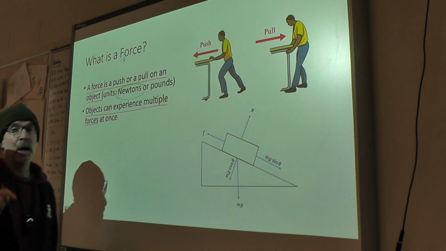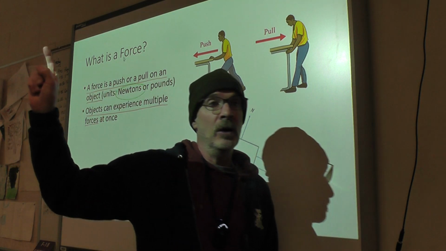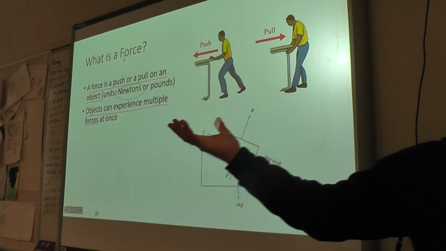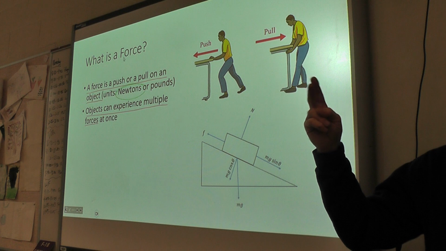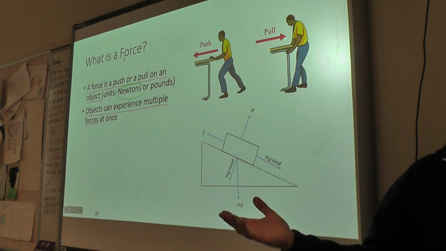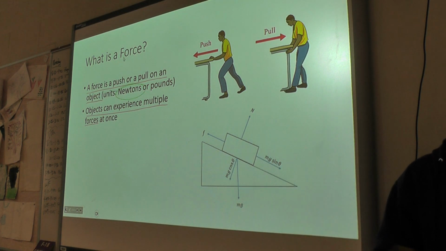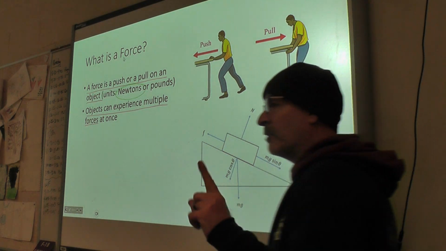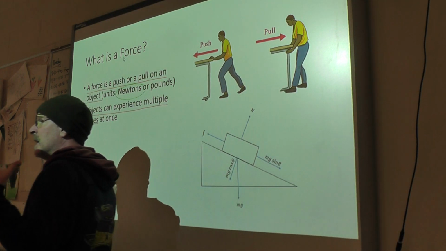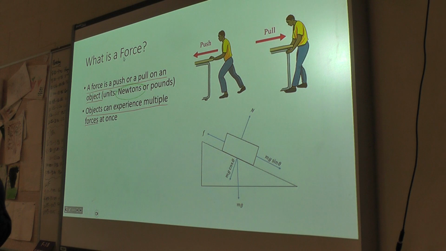If you are in the air and nothing is supporting you, you don't have a parachute, you're not standing on a ladder, you're not standing on anything at all, you're basically falling, then there's only one force acting on you. In our experience, that's basically the only time we ever have one force acting on us, when we're in the air. And we can make that happen all the time.